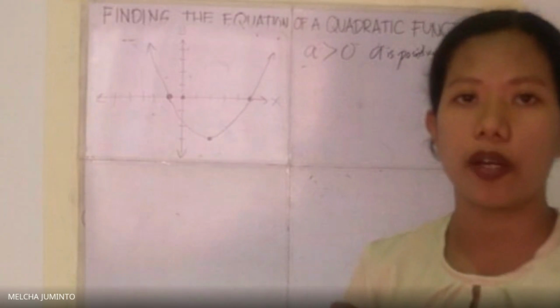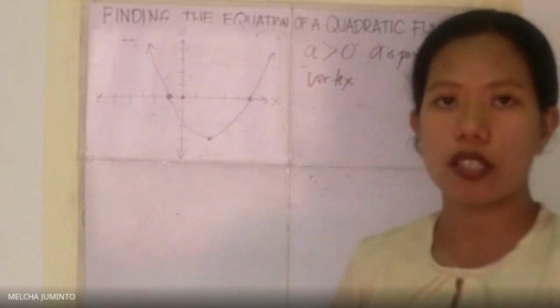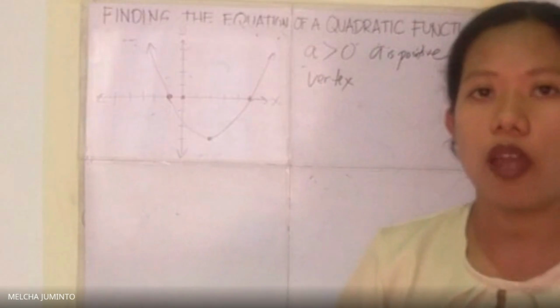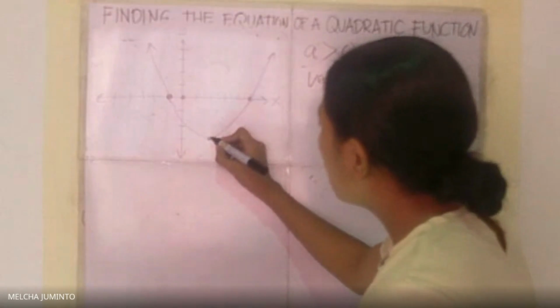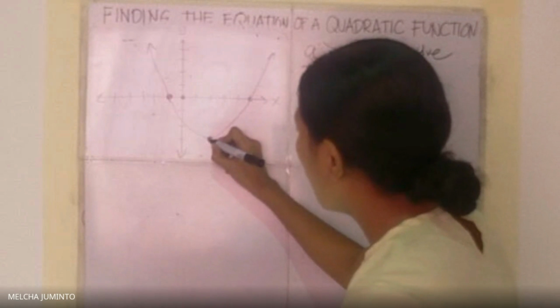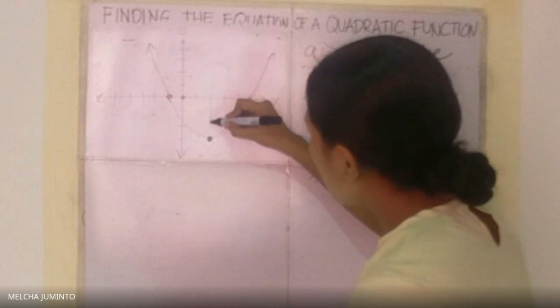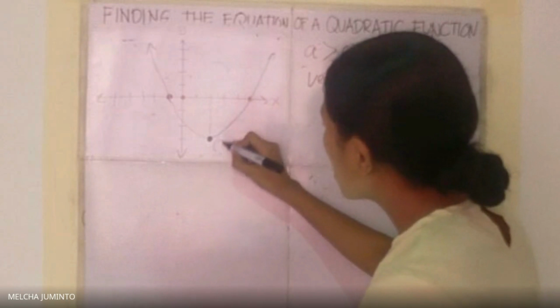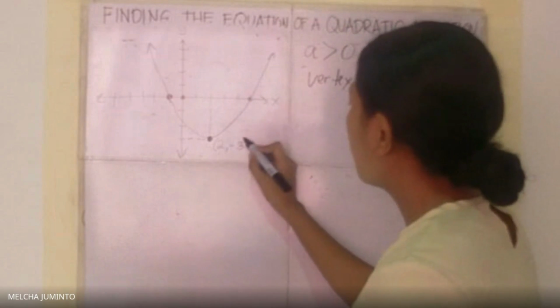The graph opens upward. Next, we need to find the vertex. The vertex is the turning point of the graph, and we can easily determine it by looking at where this point is located. First, look at where it is located for x. In this case, that is 2. And for y, -3.